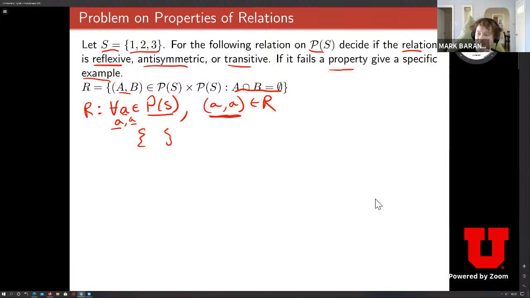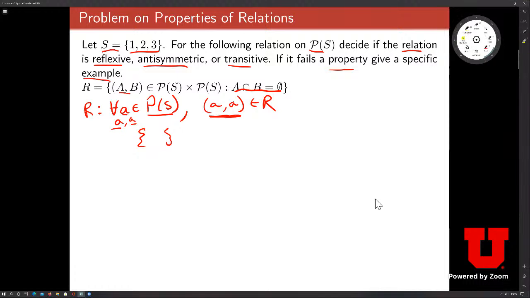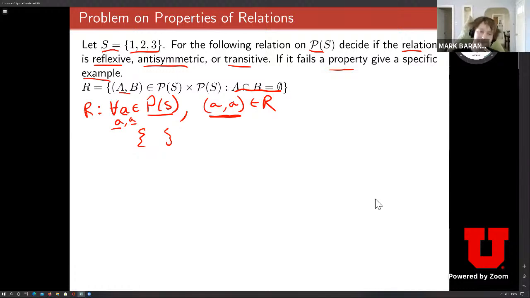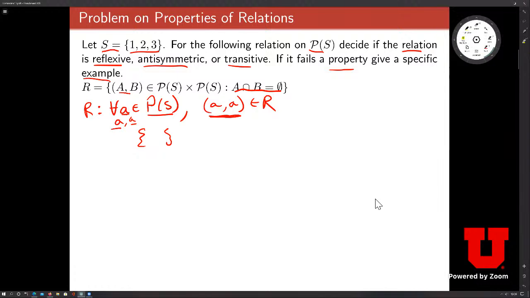Does that make sense? For all B in the power set of S, (B, B) is in R. Yeah, but that's proved by showing that for every A in the power set, (A, A) is in R. Does that help? Yeah, that makes sense.